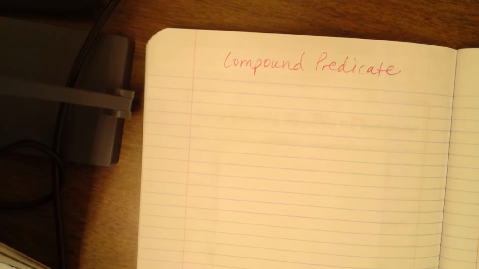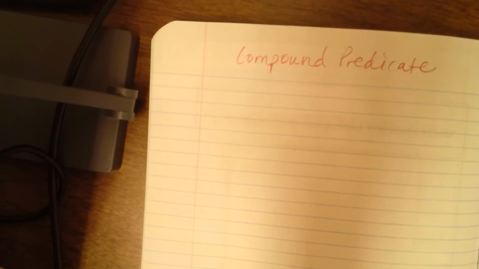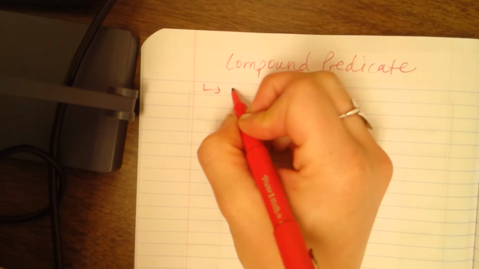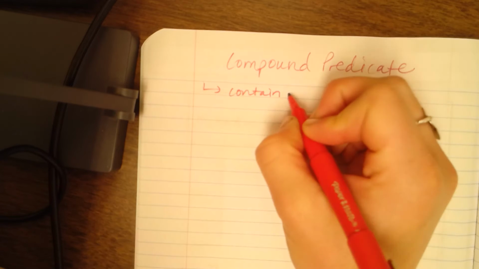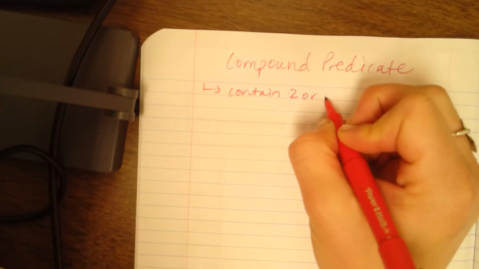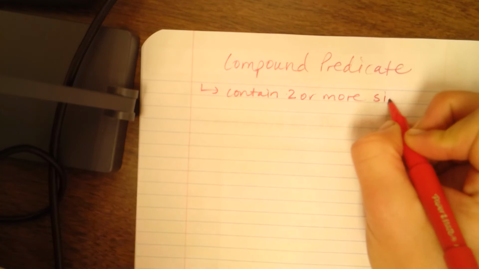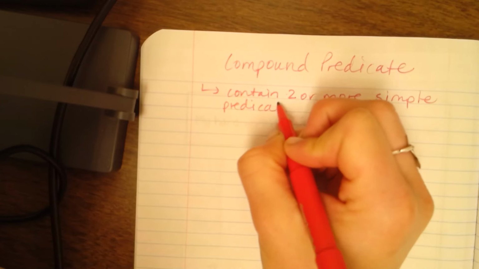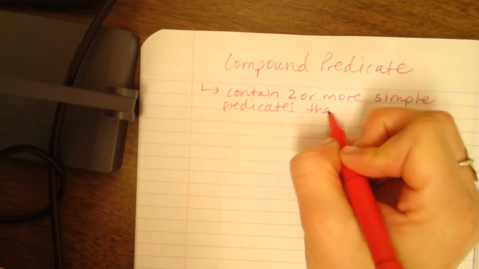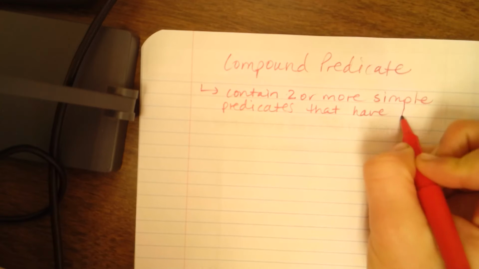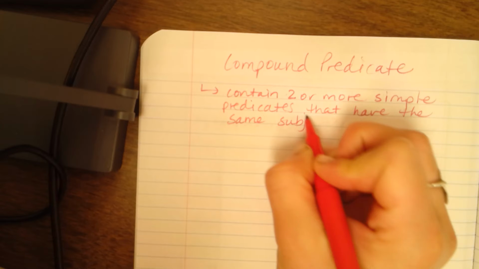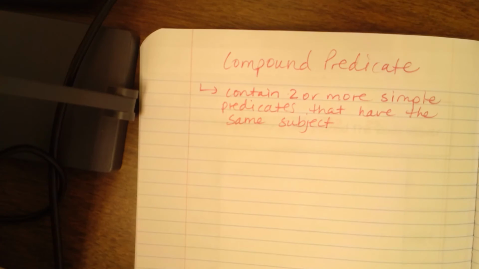Compound predicates contain two or more simple predicates that have the same subject. So it's almost an identical definition as compound subject, but now it's just flip-flopping. Instead of more than one subject, we have more than one predicate this time.